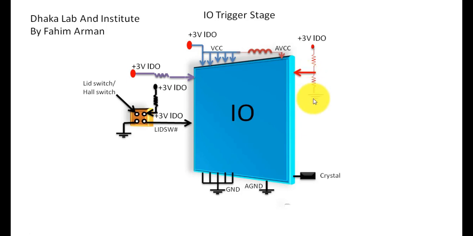And we can see there is a crystal here, and the crystal is also very important because the crystal creates a frequency and it goes to IO, and after having the frequency, IO creates voltages and other signals.